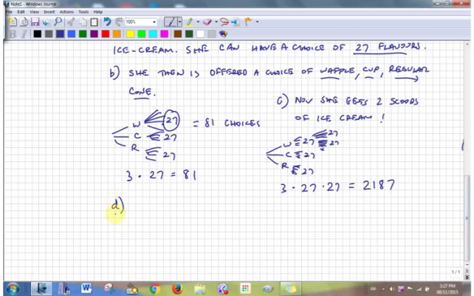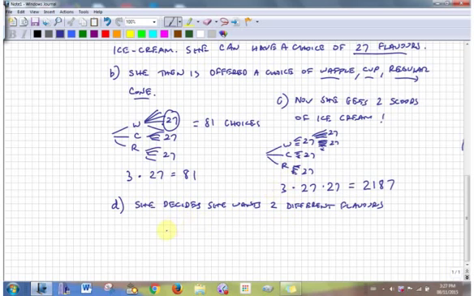I just want to add this for now, D. She now decides she wants 2 different flavors. Well, how does that affect things?